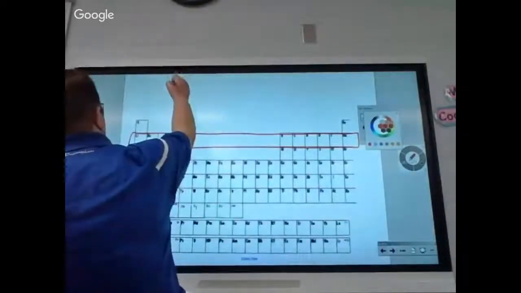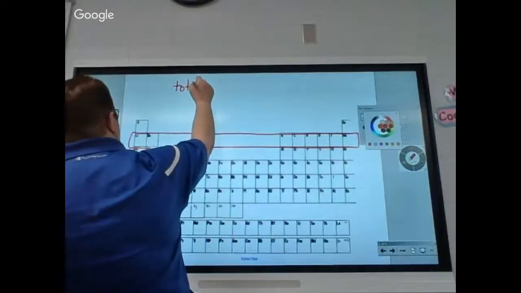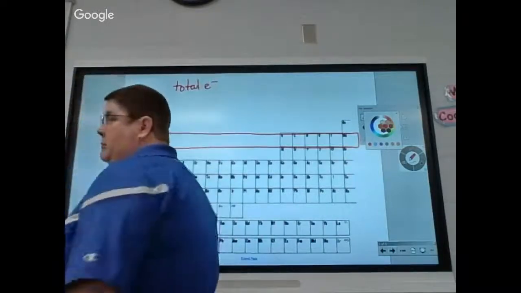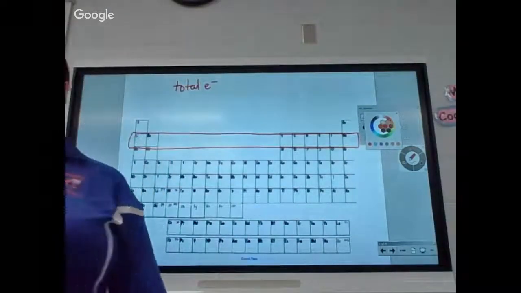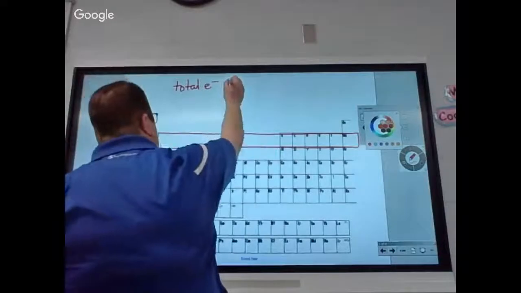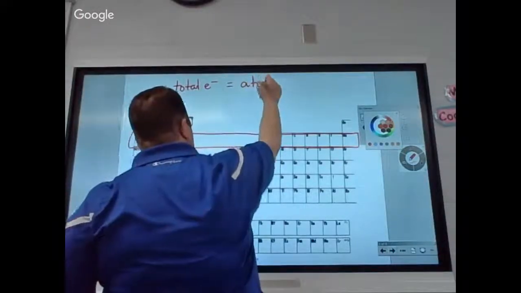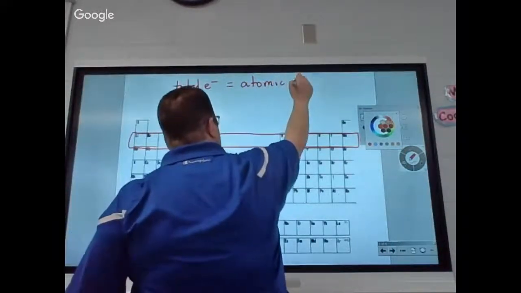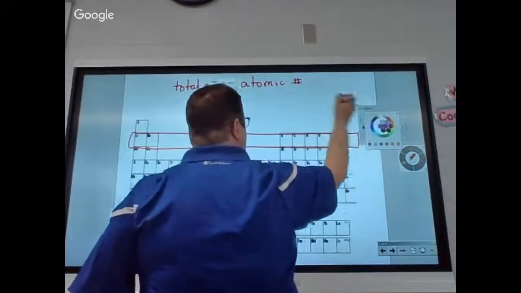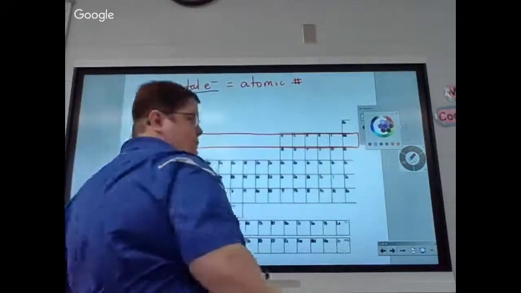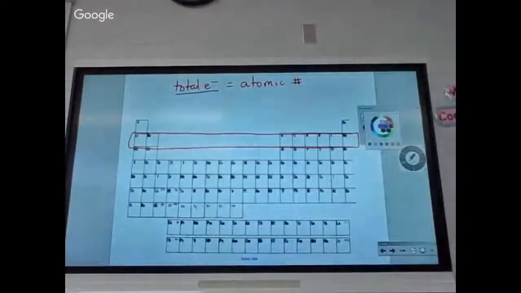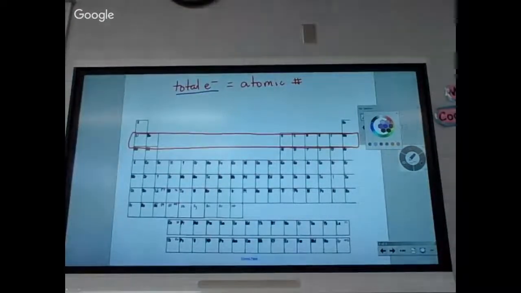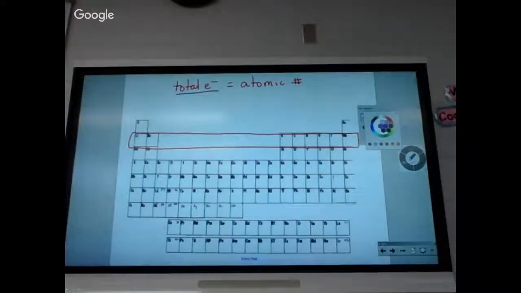What do you look for when the question says total electrons? There you go. That tells you you need to look at the atomic number when it says total electrons. If I ask you for total electrons, I'm not talking about outer shell. I'm talking about the atomic number.